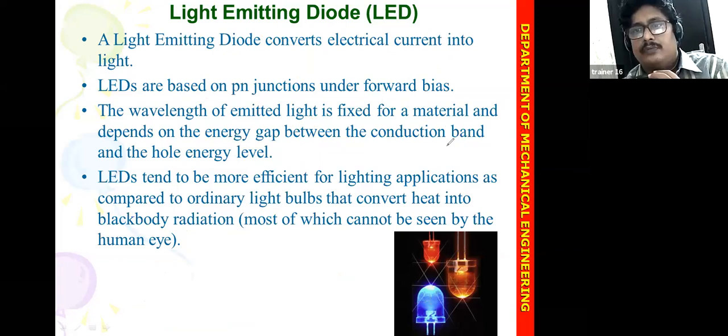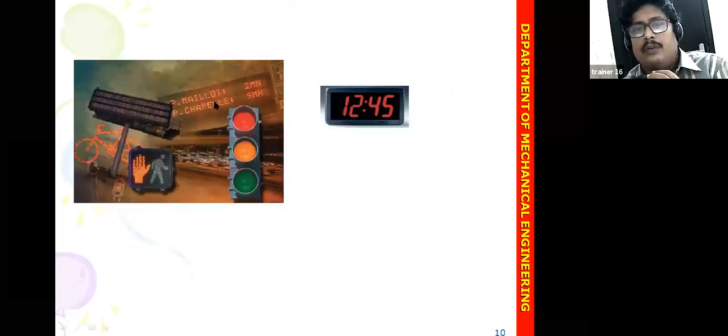And then if you come to here, there are so many applications. See here, this is for LED bulbs and traffic signals. For example, in sports, the names are displayed, and at the backside there are LED bulbs.